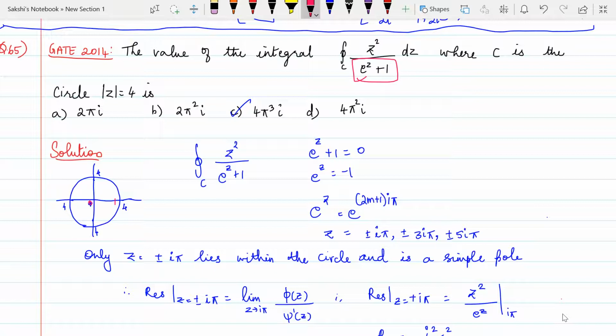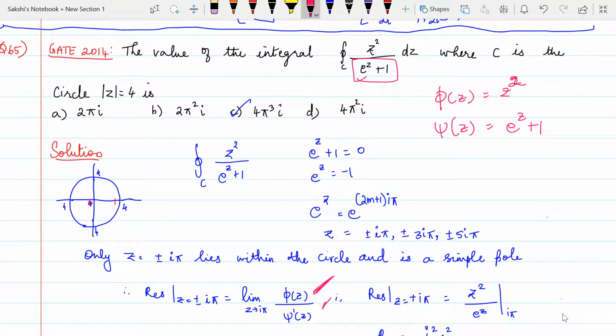The first formula is the one we usually use for solving all residue problems. But whenever you have an exponential term in the denominator, we have to use this particular formula. Here phi of z is z squared, and psi of z is e power z plus 1.